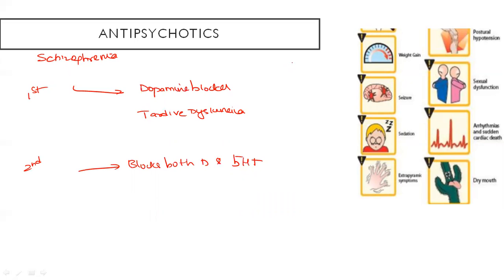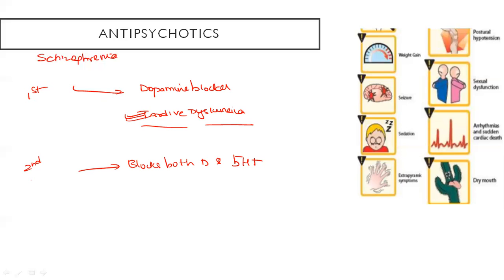There are tracts, and if extrapyramidal tracts are affected, there is a problem with muscle tone. So tardive dyskinesia happens because of stimulation of extrapyramidal tracts.